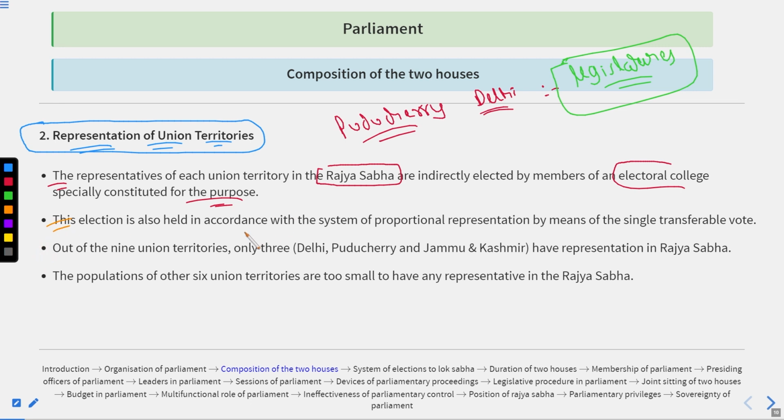This election is also held in accordance with the system of proportional representation by means of the single transferable vote.